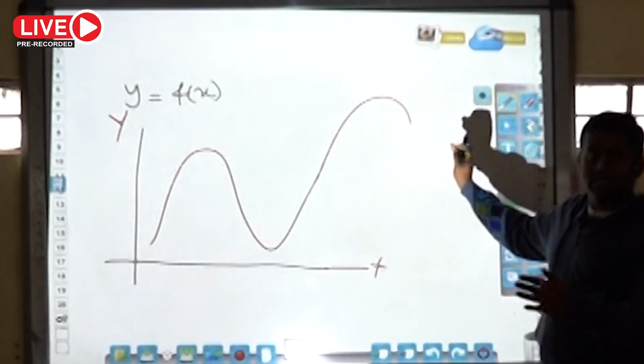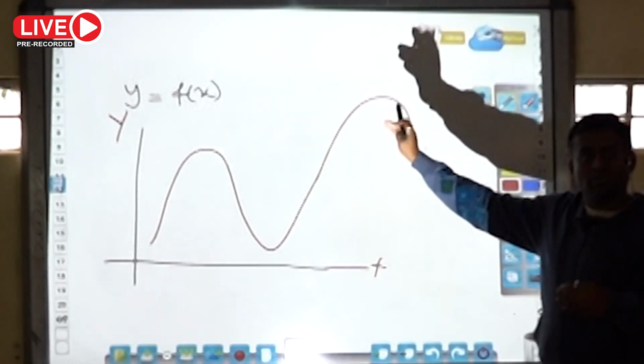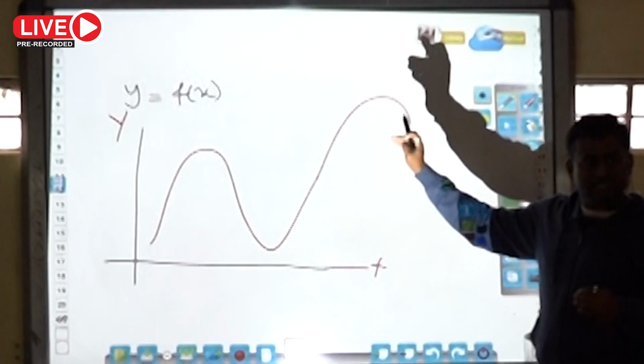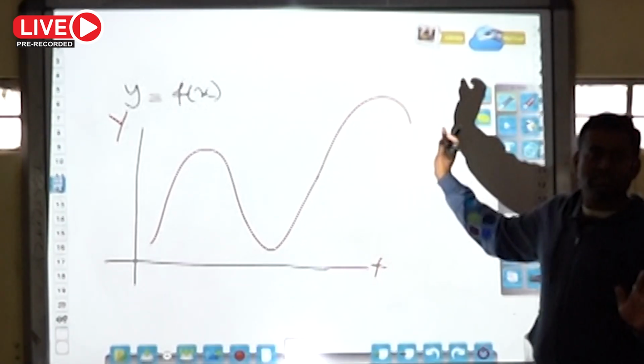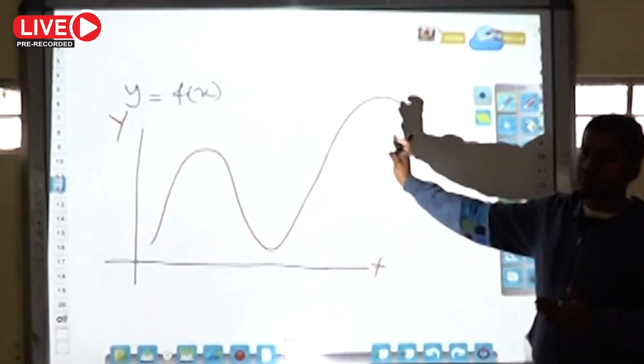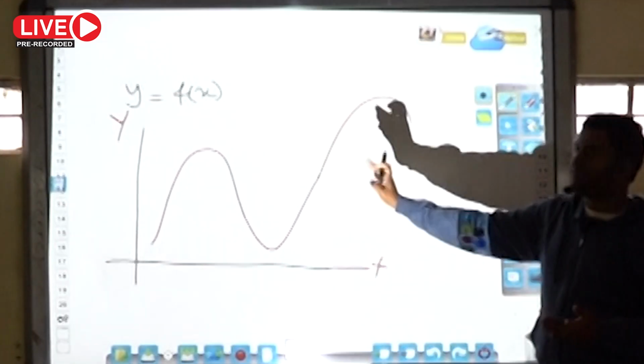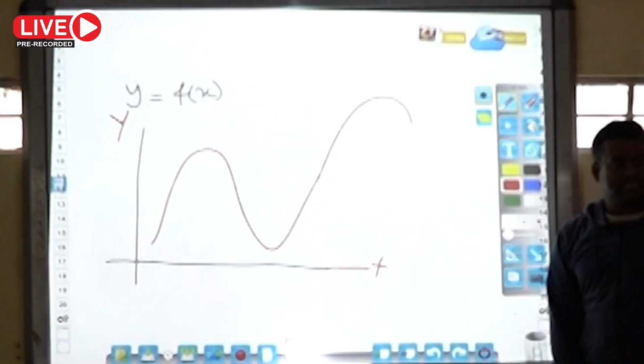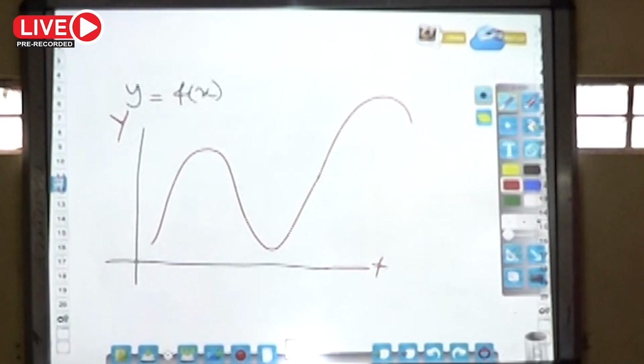There may be some other points where also the tangent may be horizontal, but they are not in the range that is specified in the graph. As this graph is presented on the board, tell me how many points are there where the tangent to the curve is a horizontal line, meaning parallel to the x-axis.